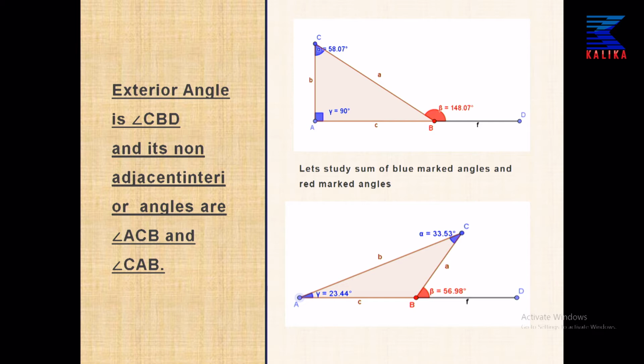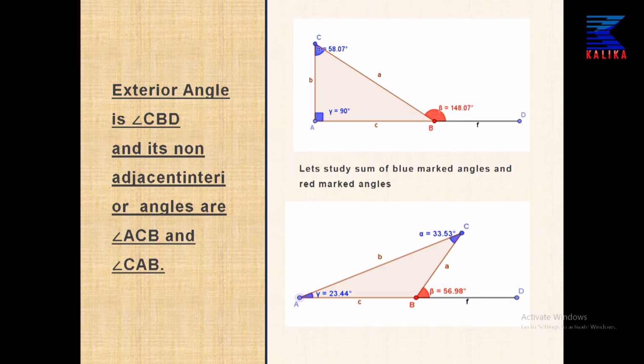Here in the first figure, angle beta, angle CBD, the exterior angle, is 148.07 degrees, and its two opposite interior angles are gamma, which is 90 degrees, and alpha, which is 58.07 degrees. If you add these two angles, you will get exactly 148.07 degrees, that is angle beta.